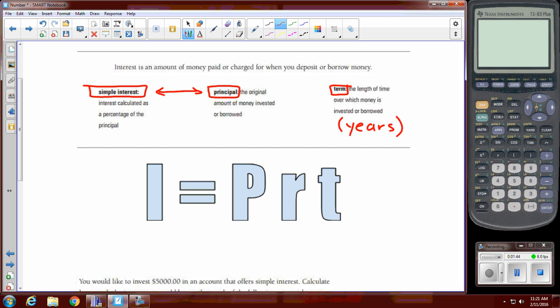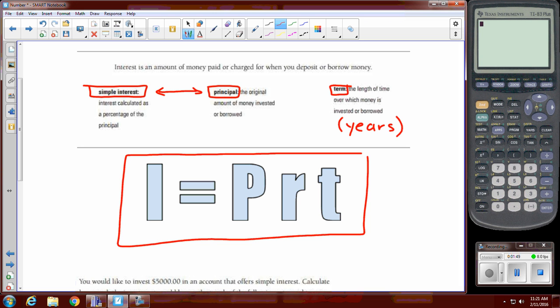Now, this big formula here, this is the simple interest formula. I is the interest that you're either going to earn or have to pay the bank. P is the principal, so how much you're putting in the bank to save or how much you're actually borrowing from the bank.